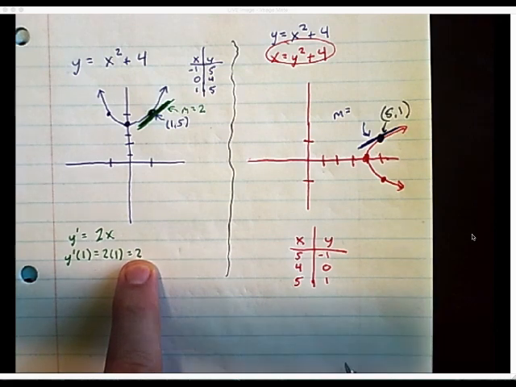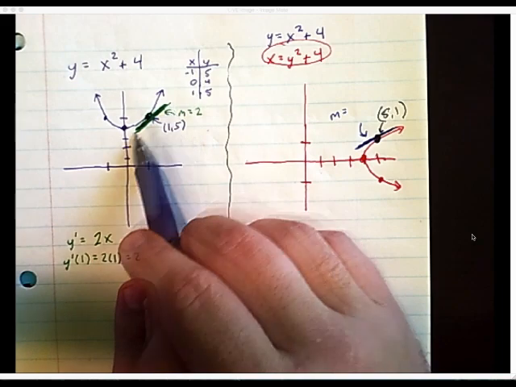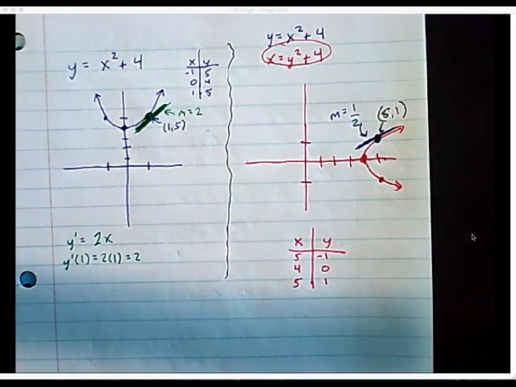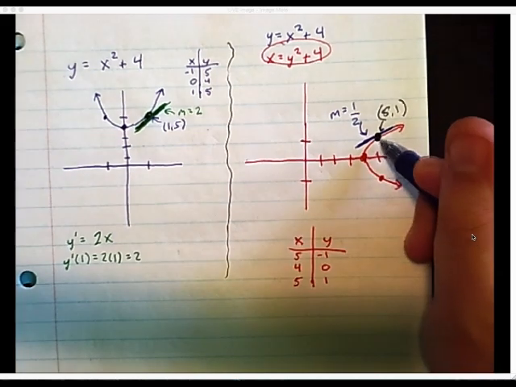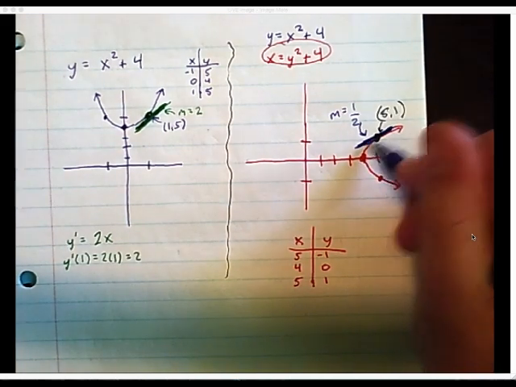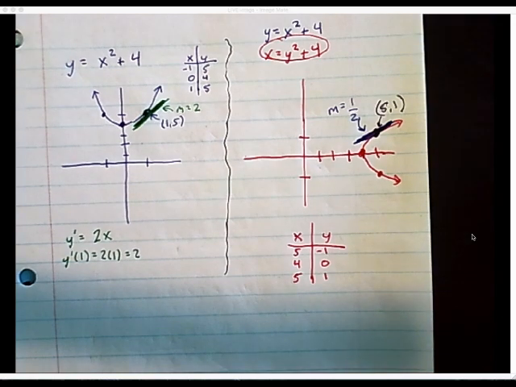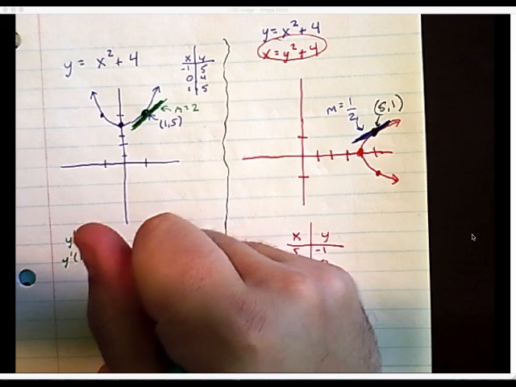So the reciprocal of 2 is 1/2. Okay, it's another positive slope. It looks like it's going up, but the slope of it is the reciprocal of 2. Remember, this is like 2 over 1.